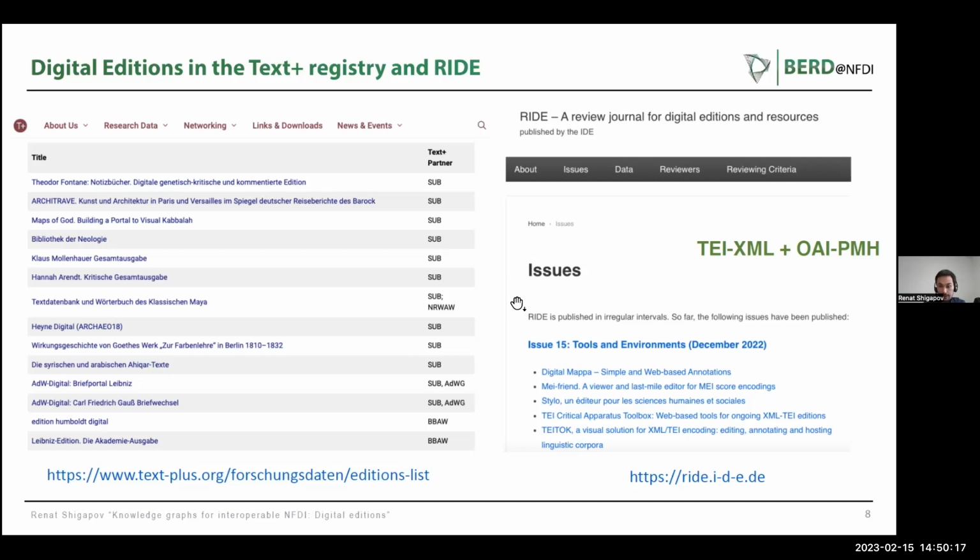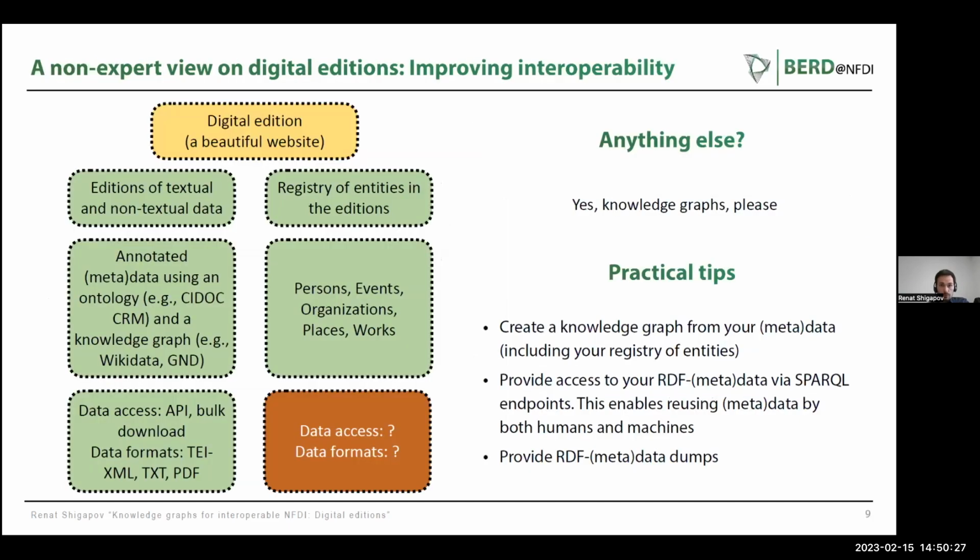I was surprised how beautiful some of those digital editions are. They're a kind of masterpiece, actually, from the point of view of design, and it's a joy to read them. From my non-expert view, a digital edition is a beautiful website with editions of textual and non-textual data. And some digital editions also have registries of entities.